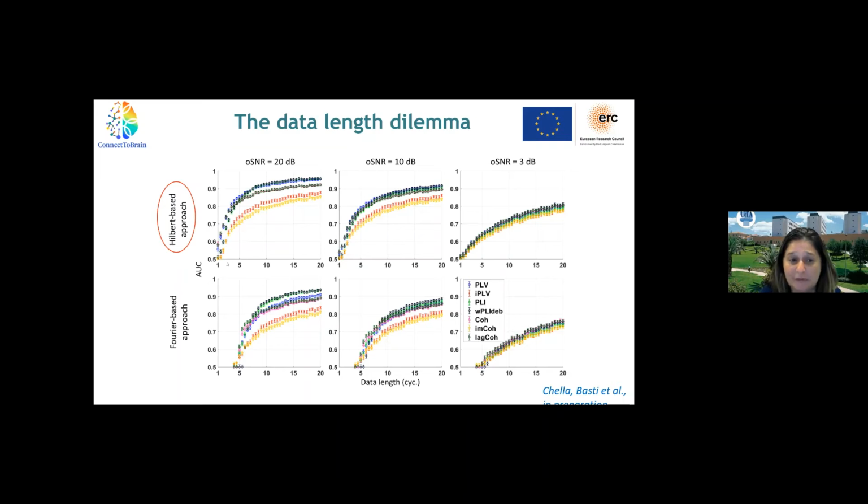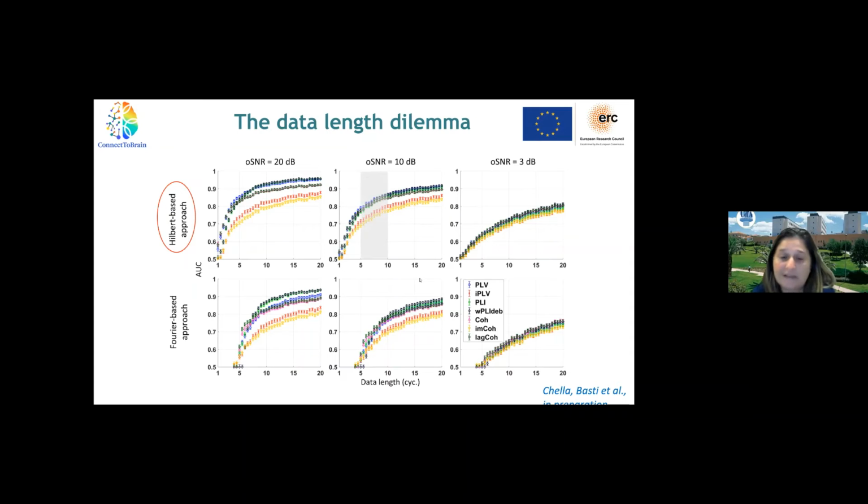You can see it from here, because already with 5 cycles of our oscillations, you can get an area under the ROC curve which is quite high for most of the methods that we have at our disposal. If we then shift to the lower row and we use Fourier, you can see that with the same number of cycles, your ability to recover the coupling is much lower.